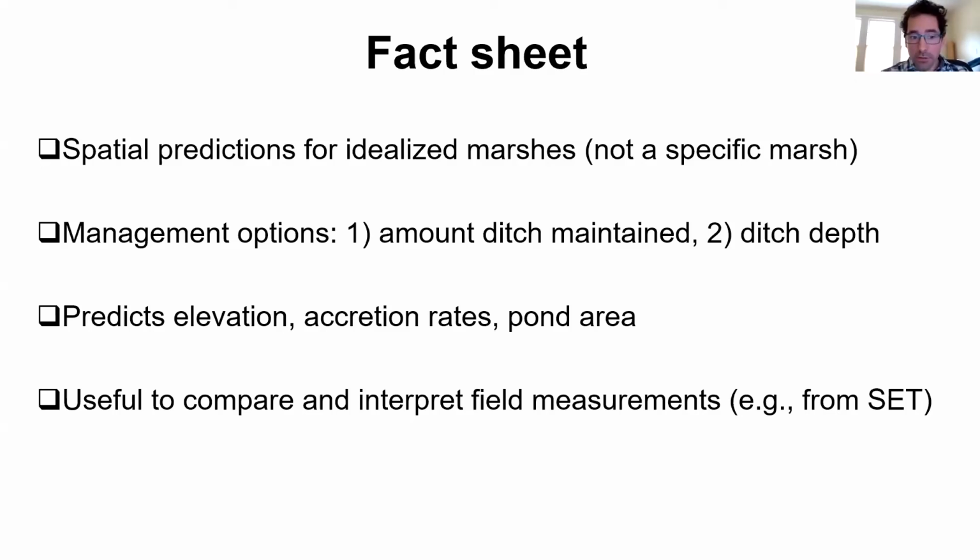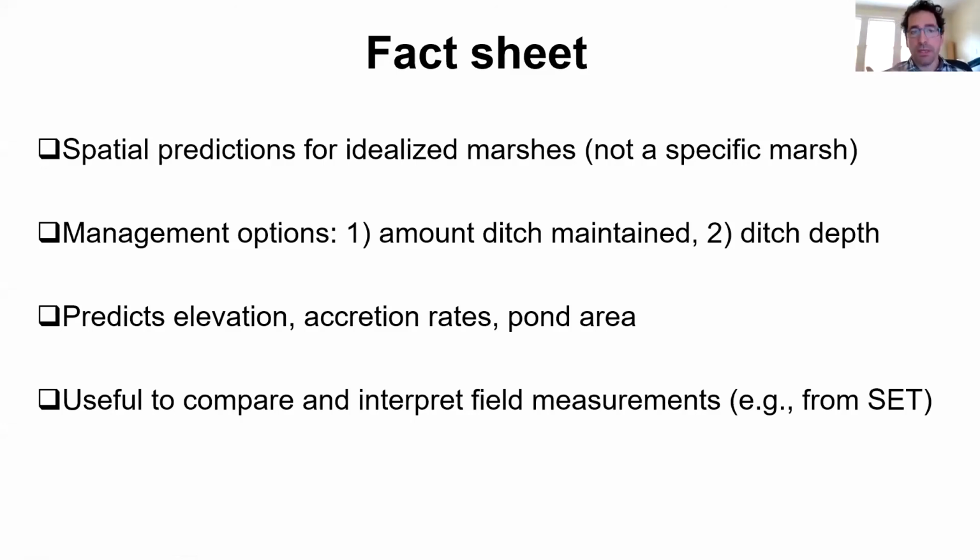Right now, the management options that we consider are the amount of ditches that are maintained. You can either maintain all of them, 50% of them, or only 25% of them, and the depth at which you maintain them. You can even have a ditch depth or a much shallower ditch, which is called a runnel.